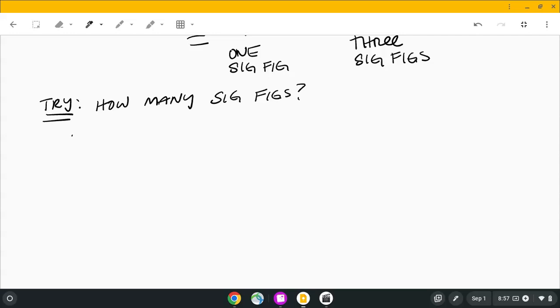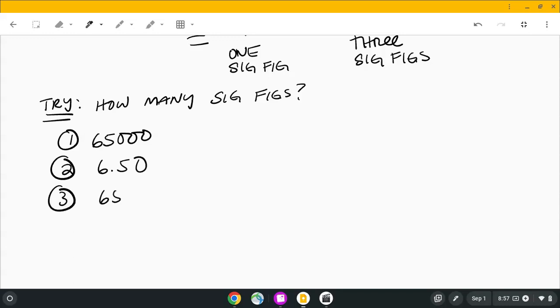Try this one, that one, this one, this one, and this one. You don't have to, well, I guess you're taking notes, so you can write them down. Okay, so let's do this together.